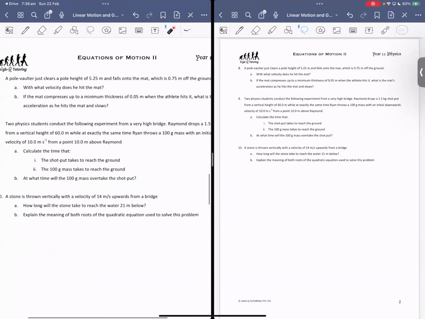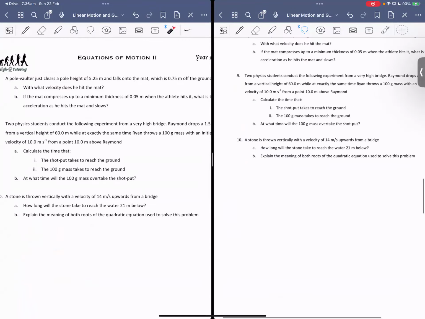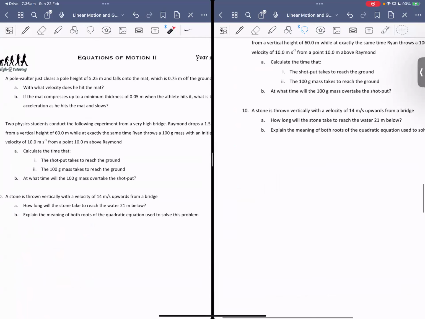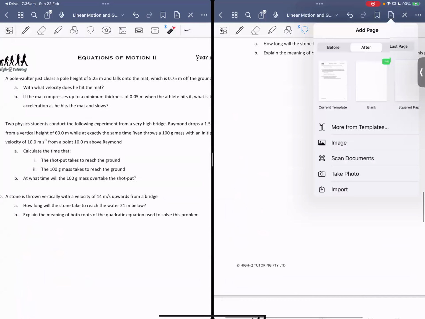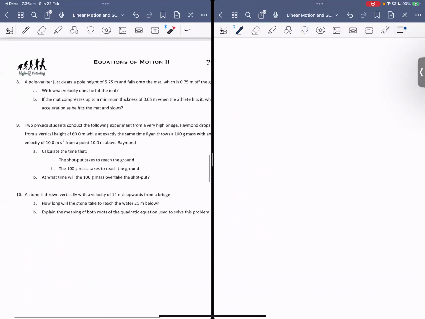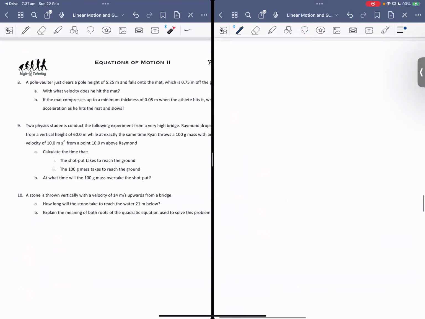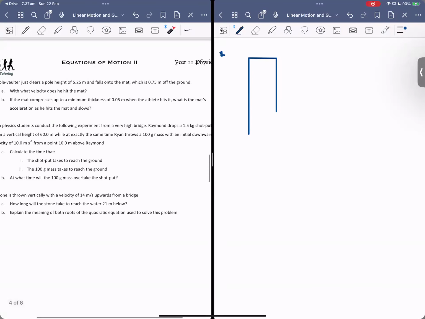A pole vaulter just clears a pole of height 5.25 meters and falls onto the mat. I'm going to draw a picture of what he's doing. The pole vaulter goes up and he comes back down onto a mat, which is 0.75 meters off the ground.